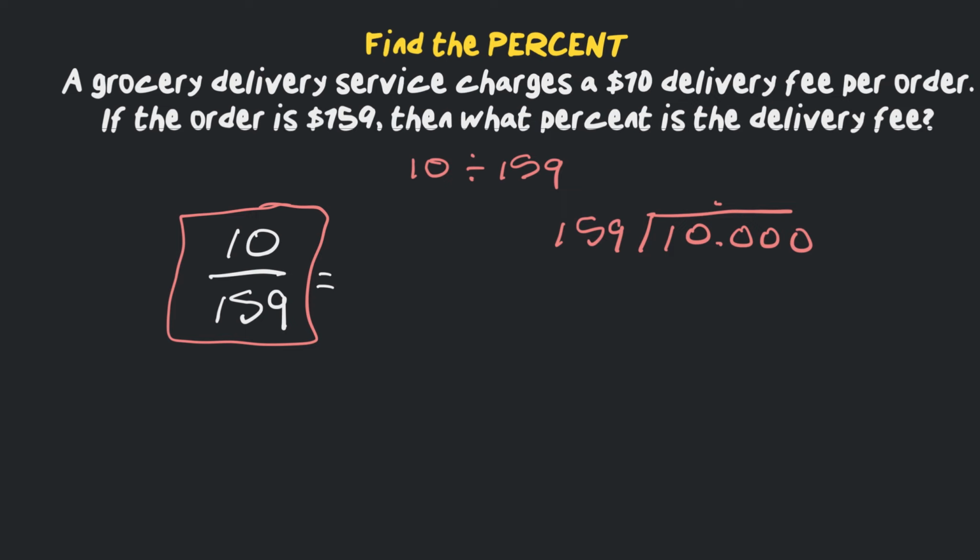Yeah, I think this would be a little easier. So let's see. Can't go there. Can't go there. Can't go there. So we're going 159 into 1,000. All right, 159 into 1,000. It's probably not going to be 10, right? So maybe 9 or 8. I don't know. Let's do 6.